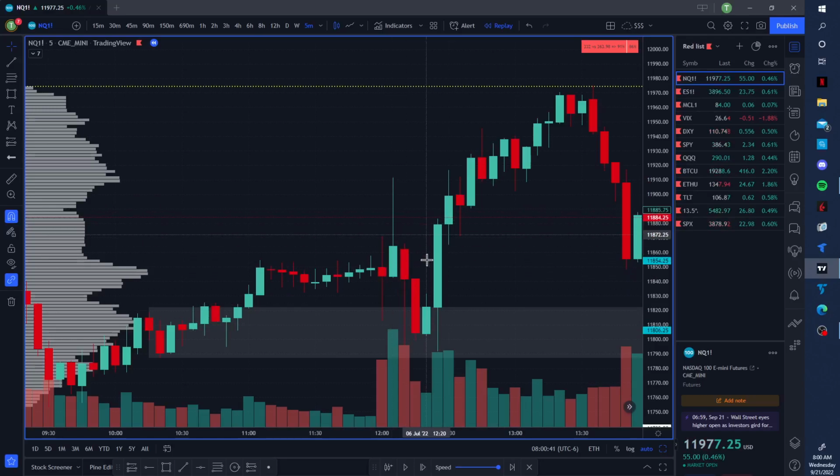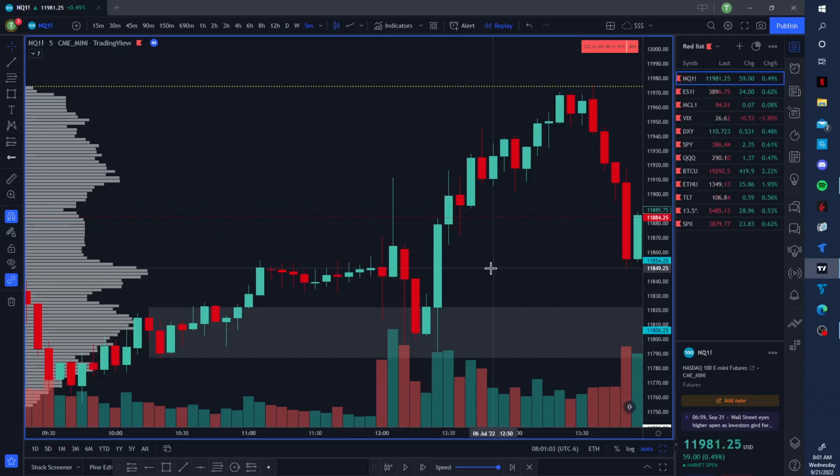This is pure chop. Maybe you can scalp a couple-minute move like this going up, but other than that, honestly, I would just avoid the first 30 minutes roughly.